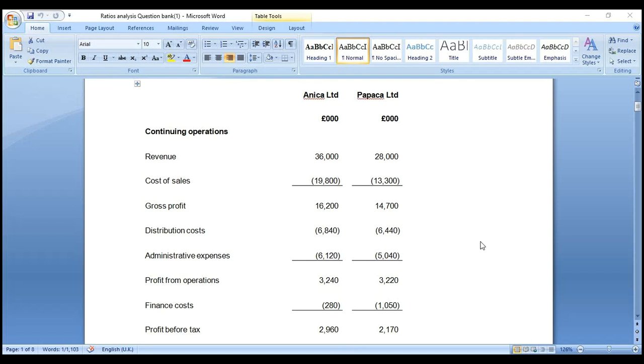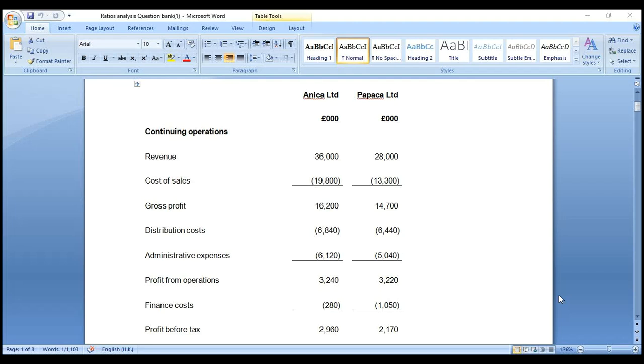Okay, so we can look at 3220 divided by 28,000, times 100. That comes to 11.5.